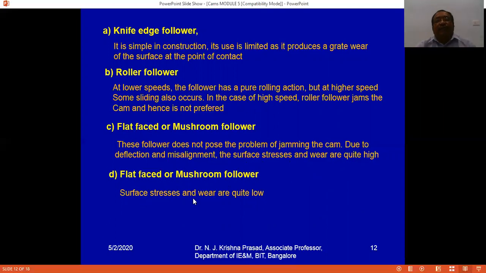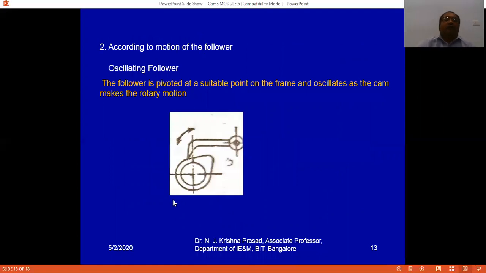For this, surface stresses and wear are quite low. And according to the motion of the follower, it is classified as oscillating follower. In this, when the cam rotates either in clockwise or anti-clockwise direction, the follower oscillates about the hinged point. It is shown in the figure here.